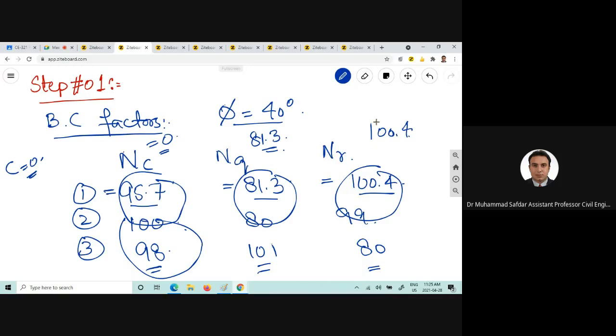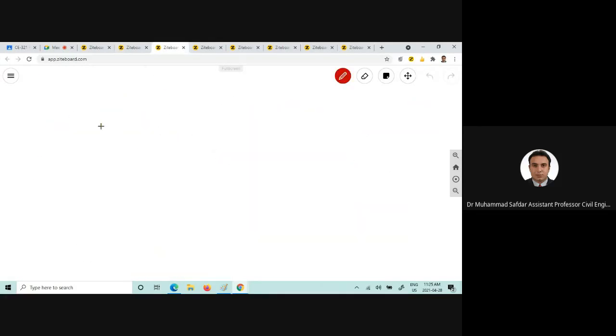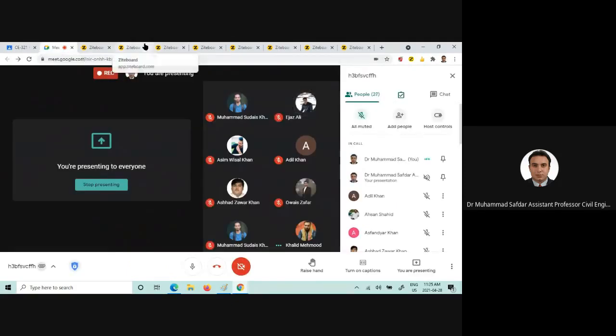You need to note down this value and this value. Please kindly note down NQ and N gamma. Now this is step 1.